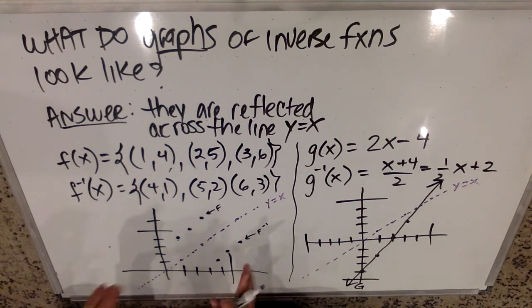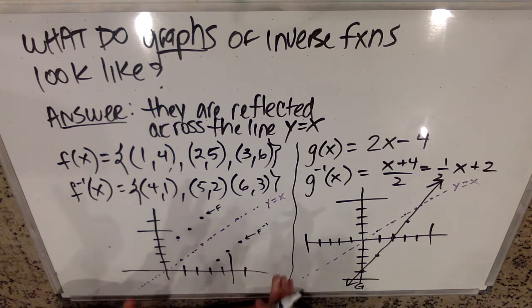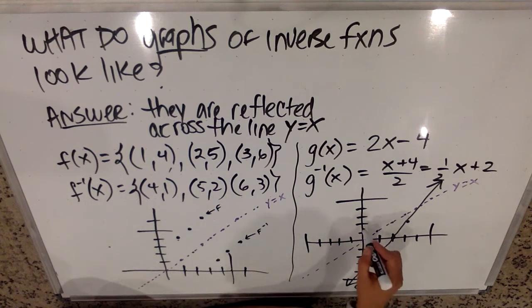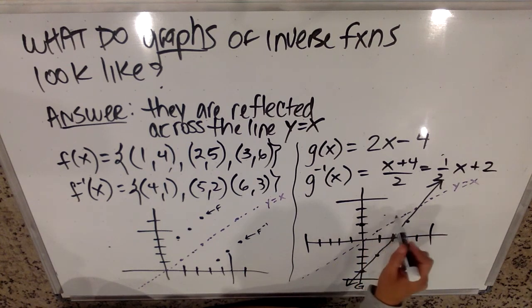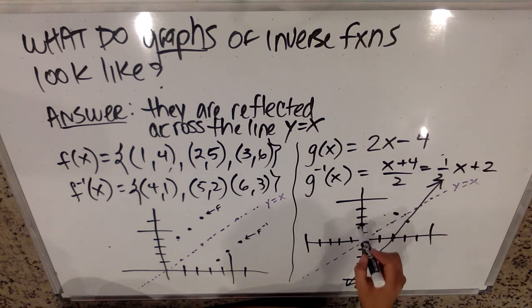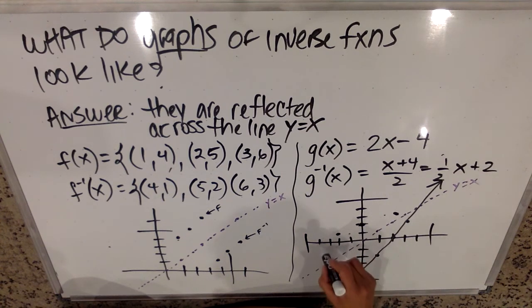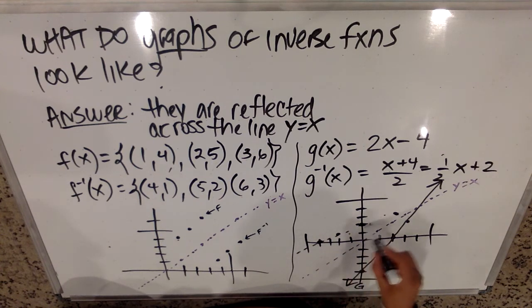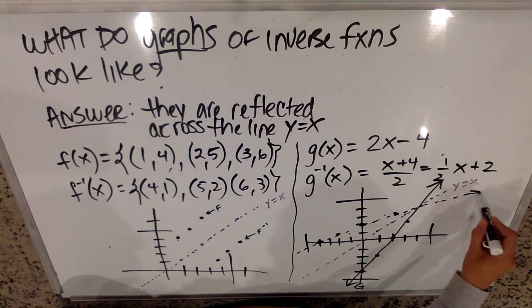Okay, and again, forgive my terrible graphing. Now, my g inverse graph is going to start at +2 and have a slope of 1/2, which means up 1, right 2, or down 1 and left 2, right? Okay, so I'm going to go ahead and draw this guy. Now, again, ignore my terrible, terrible graphing, right?